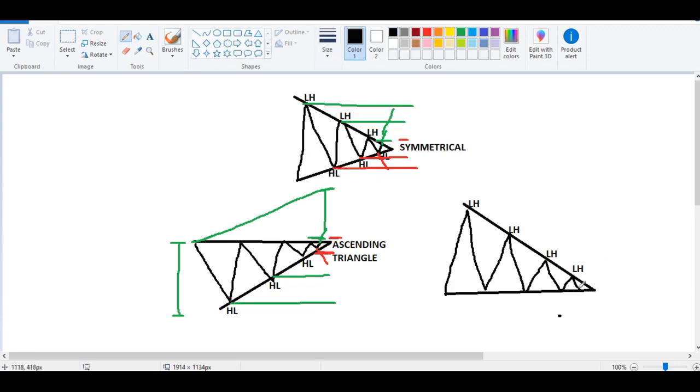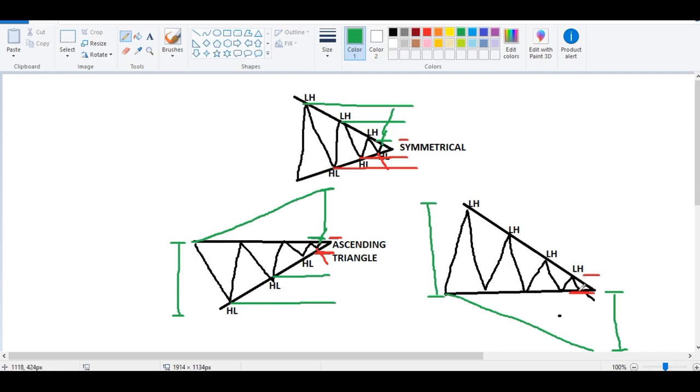So now, if this breaks towards the downside, right, I will take a short entry on the breakout, stop loss on the opposite end, and my target will be the parallel line to this upper trend line, right? Or you can simply calculate the distance from where the triangle starts forming to the low of the triangle, and that will pretty much equate to where the parallel line falls.